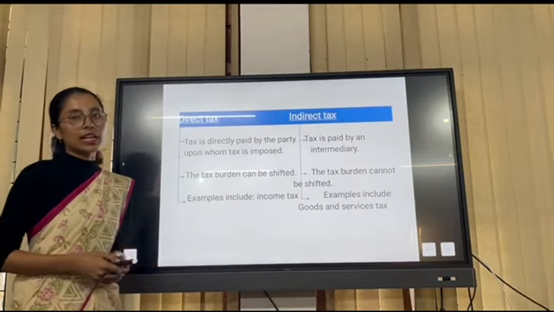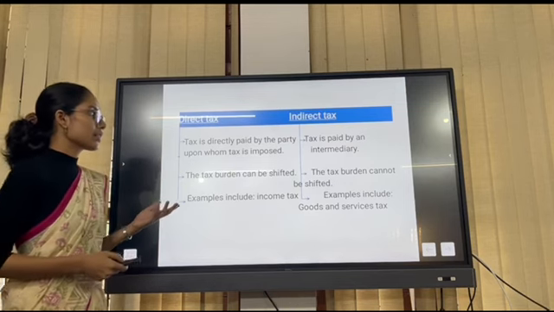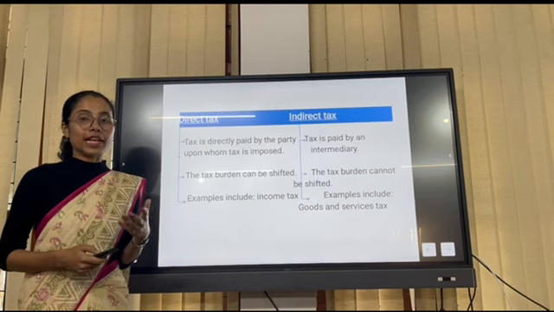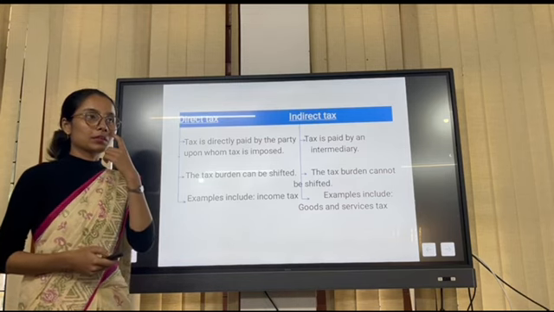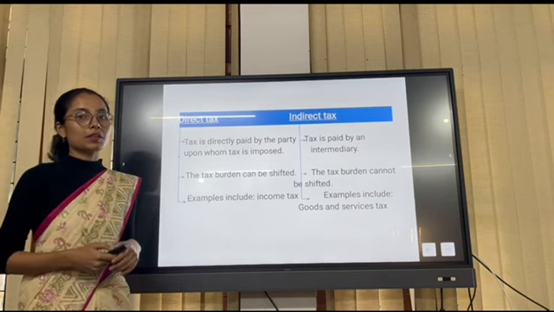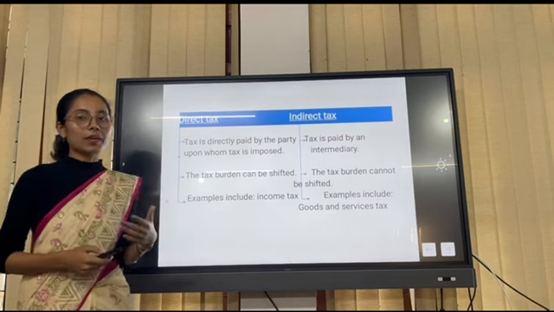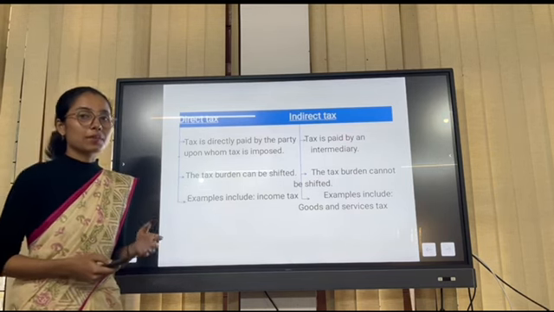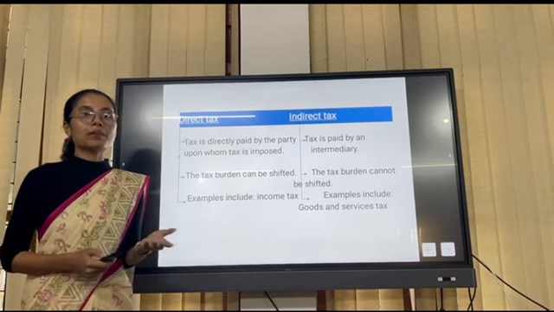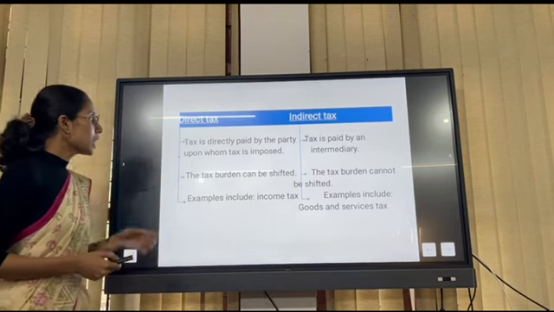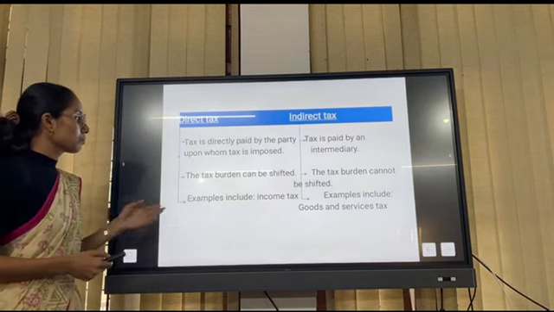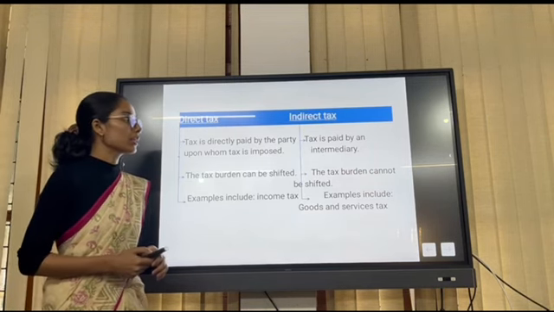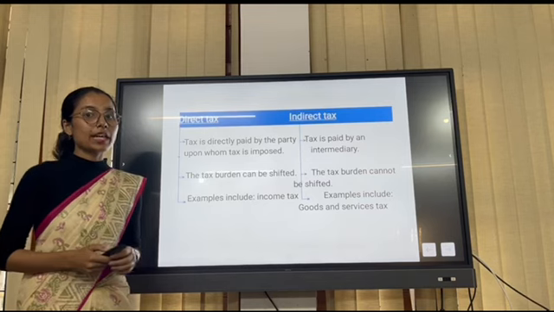Now let's talk about direct tax and indirect tax. Direct tax is paid by the party upon which the tax is levied, but indirect tax is not paid by the party upon which tax is levied in the first place. Rather, it is paid by some intermediary. The burden in case of direct tax cannot be shifted, but the burden of indirect tax can be shifted.